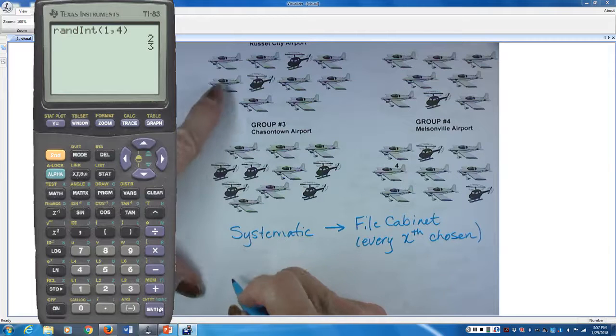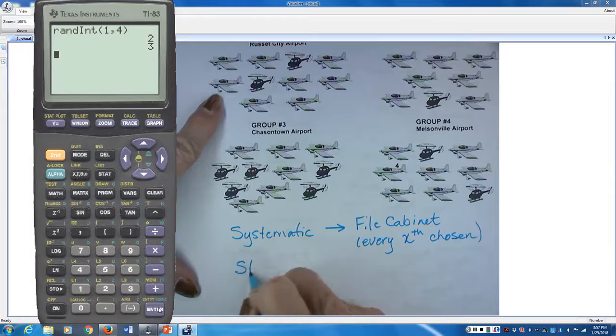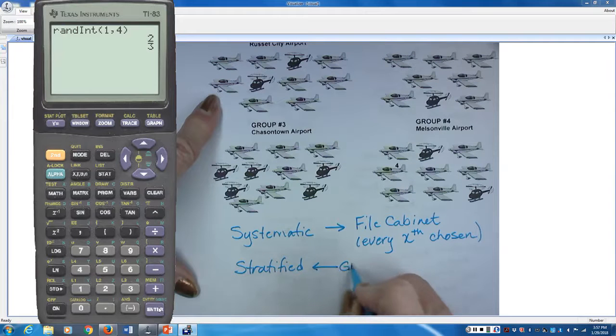But for cluster and stratified, your population has to be put in groups.